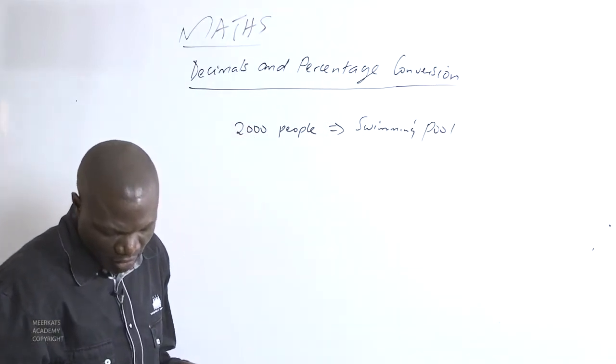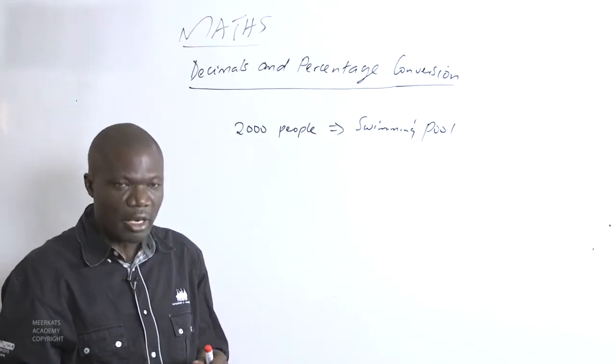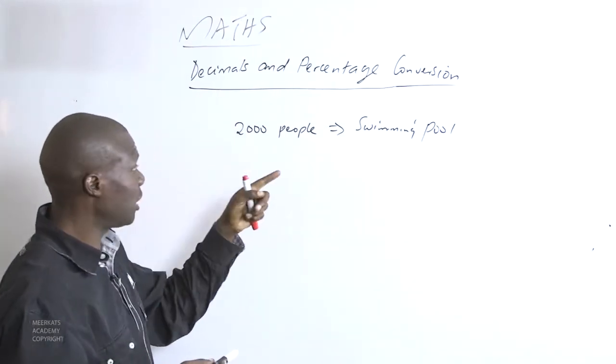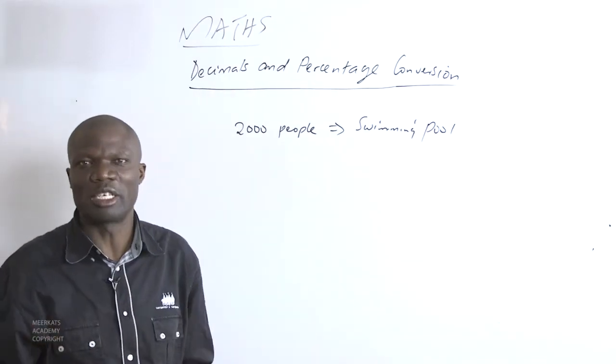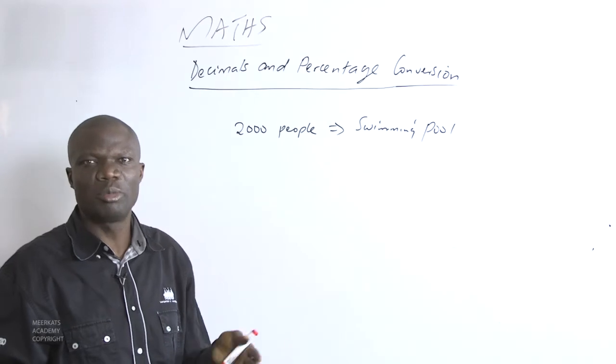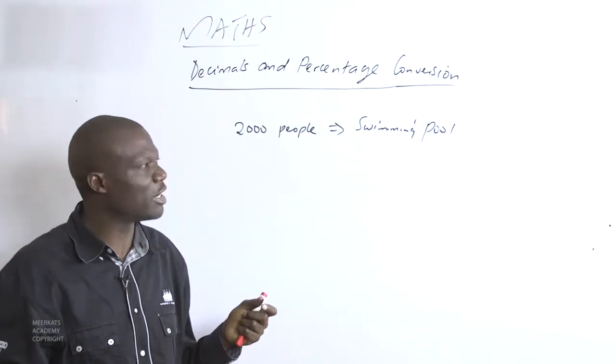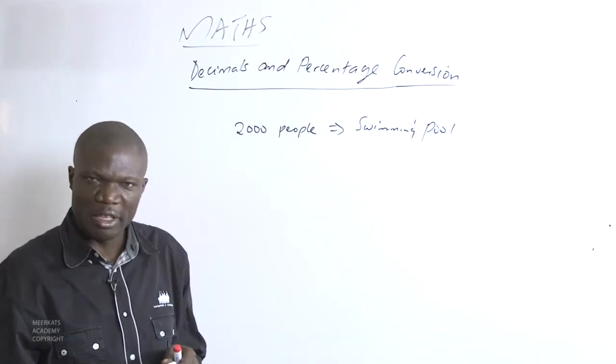Now, you notice that it is not telling us what fraction of the people the 2,000 is. Could it be on the higher side? Could it be on the lower side? We only know the numbers.